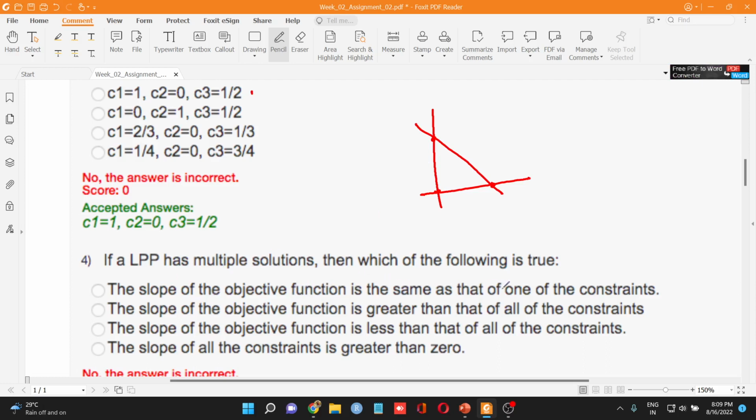The slope of the objective function is the same as that of one of the constraints, or greater than or less than the other constraints, or it will be greater than 0. Ma'am, the first option. Yes, it's the first option, because multiple solutions means all the solutions lie on that constraint only. So the slope of the objective function is the same as that of one of the constraints.